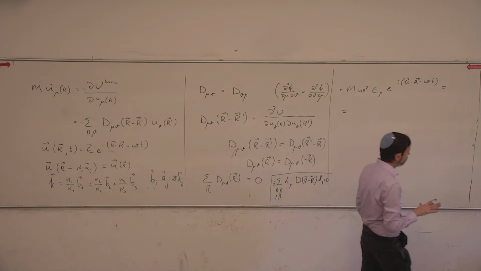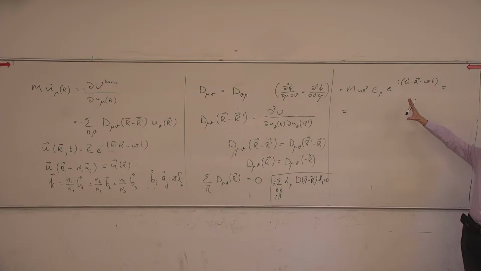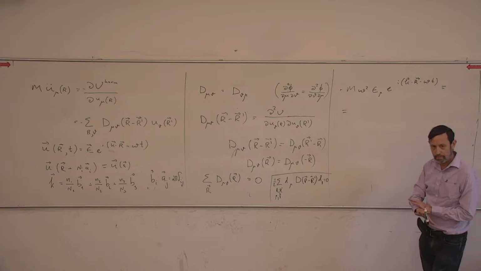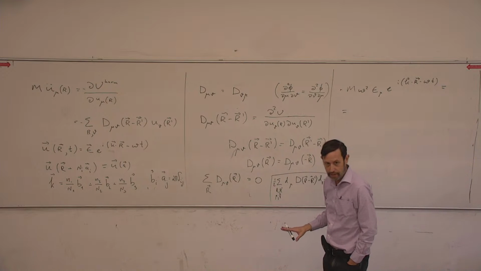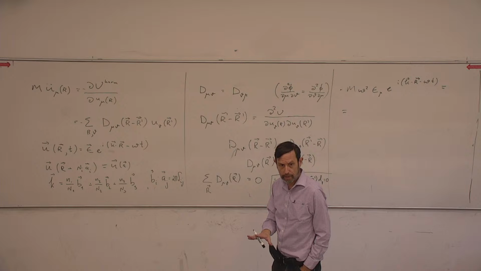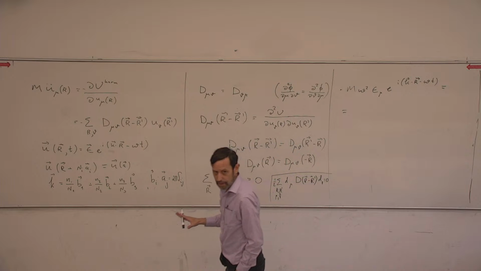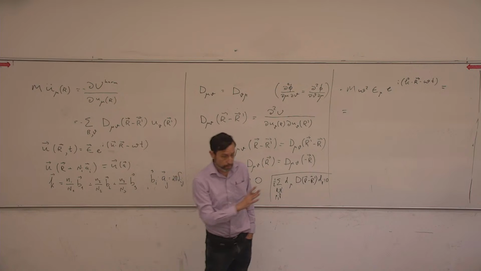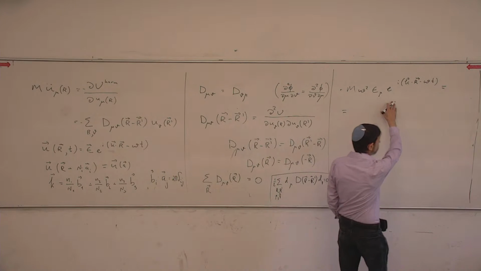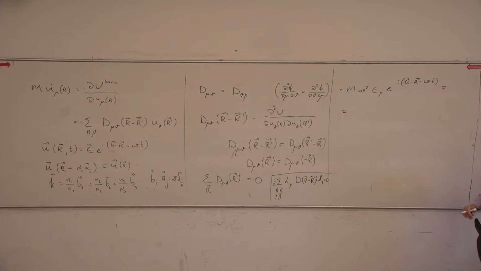So if you're doing a problem and ending up with an E that depends, you know that simple mode decomposition of the system doesn't work. Could happen in nonlinear optics, it could happen in other situations, but then this is not a good way to proceed.